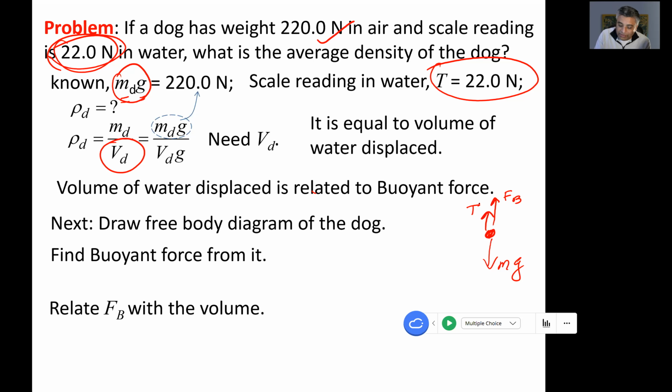So that means we can use the equilibrium condition to find buoyant force. So buoyant force plus tension or scale reading is equal to mg, but let's write this down like this. FB is going to be mg positive and T negative.